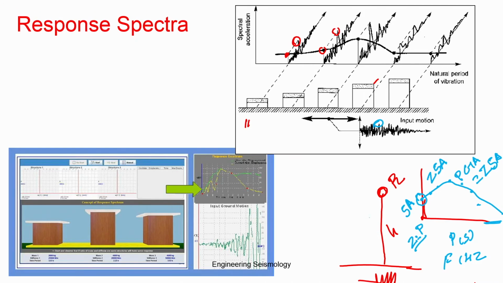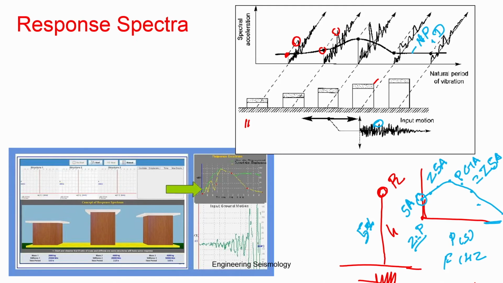Generally 5% damping is used. If you have a higher damping level, you can also do it for different damping levels and get a curve. So this curve is basically a function of your natural period and damping, for the single degree of freedom structure. When you go to multi degree of freedom, this response can be extrapolated and modified for the design.